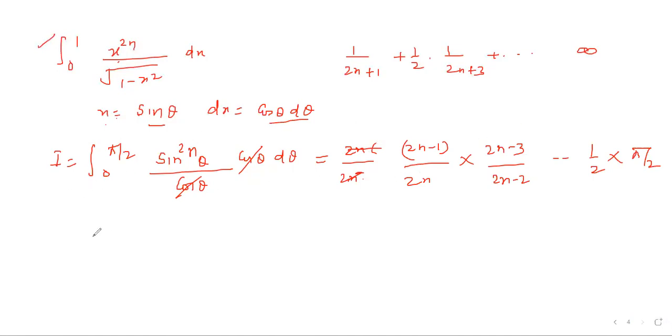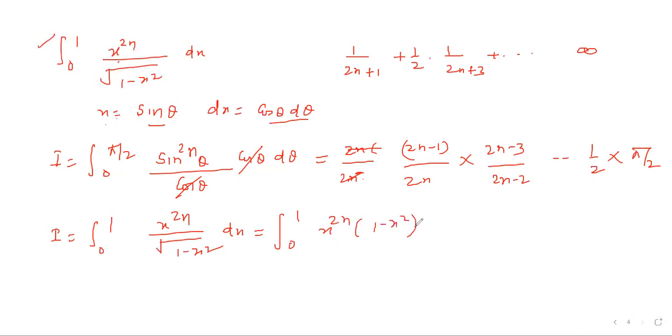again, we are going to take another method to evaluate the same. I equal to 0 to 1 x power 2n upon root of 1 minus x square dx. This can be further written as 0 to 1 x power 2n into 1 minus x square power minus half. And we know that 1 plus x power n becomes 1 plus nx plus n into n minus 1 upon factorial 2 x square and so on.